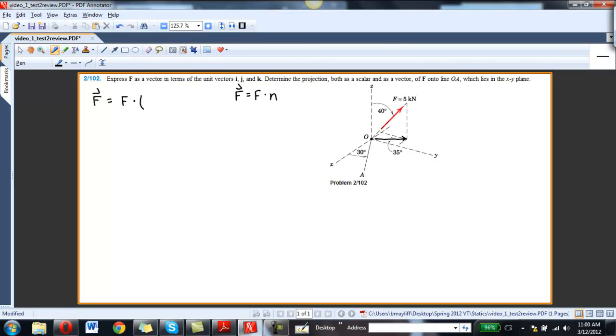So, we'll first have to find this F, which we'll call Fxy. And that's going to be equal to cosine 50 times F, because we know that this angle here is 50. And Fz is going to be F sine 50.